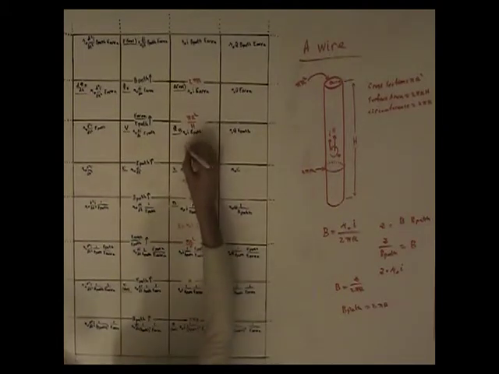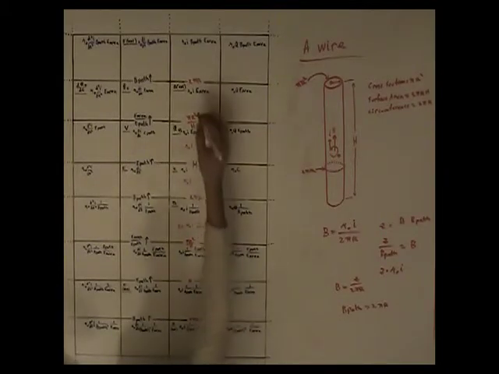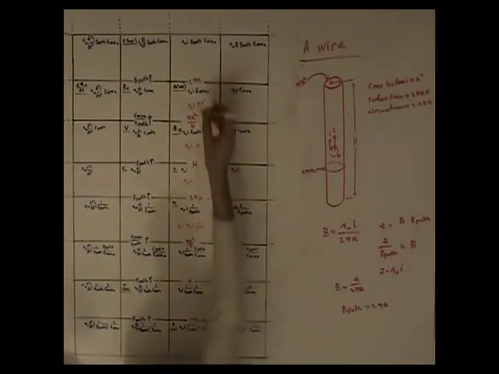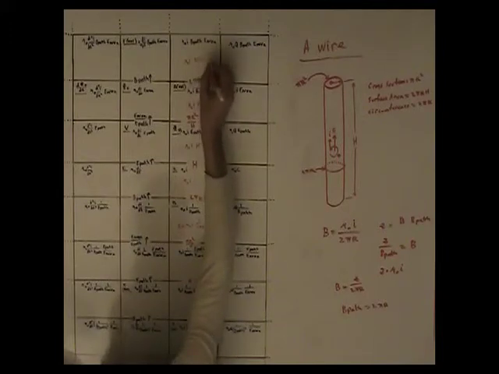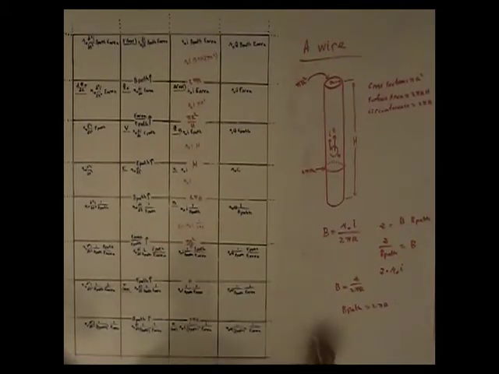This one will be mu naught I h, and this one mu naught I pi r squared. The h's cancel. We go one more up here. We get mu naught I 2 pi r squared, and that's the volume we're talking about.